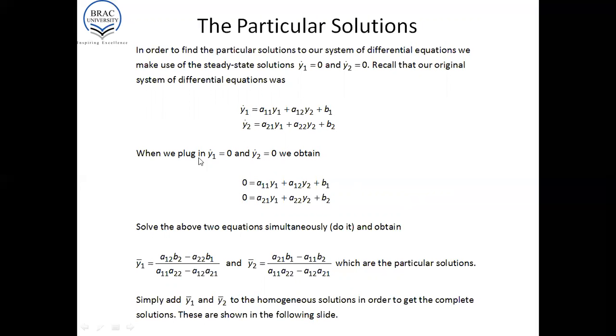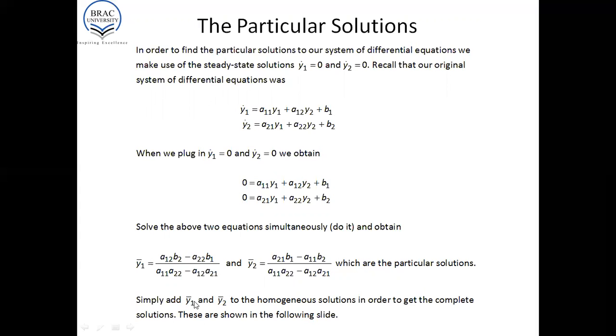When we plug in Y1 dot equal to 0 and Y2 dot equal to 0, we obtain 0 equal to this thing, and 0 equal to this thing. You need to solve these two simultaneously for Y1 and Y2. Please do it. When you do, you will get Y1 bar equal to this expression and Y2 bar equal to this expression. And these are the particular solutions.